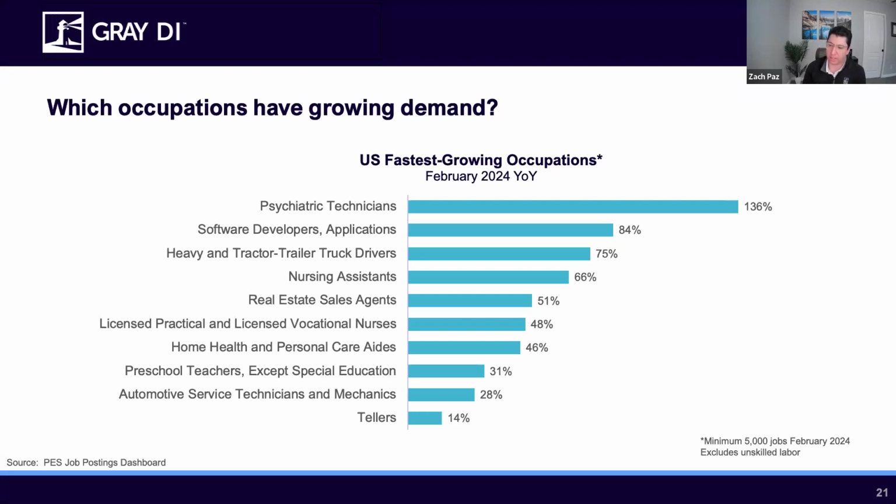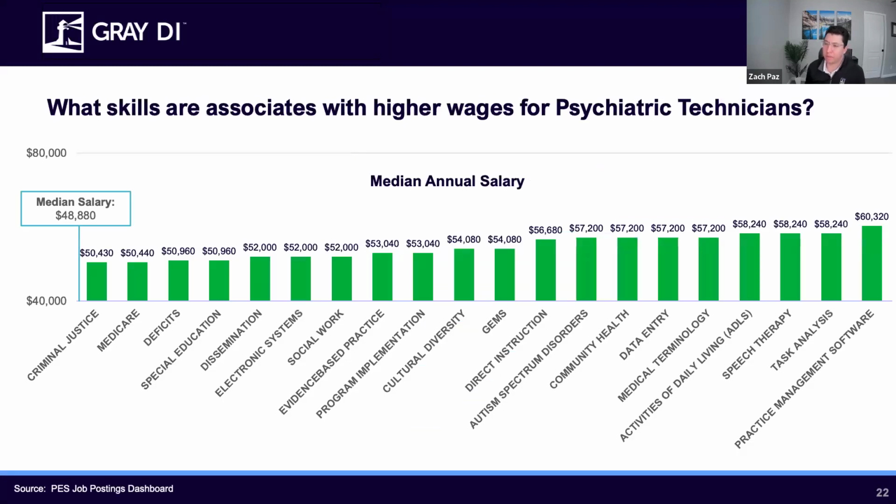And so what I wanted to know is, for this occupation specifically, what are the skills that align to higher levels of wages in this area? If you have wage data associated with your job postings, like their listed wage, we can understand what the skills are that are associated with higher wages.